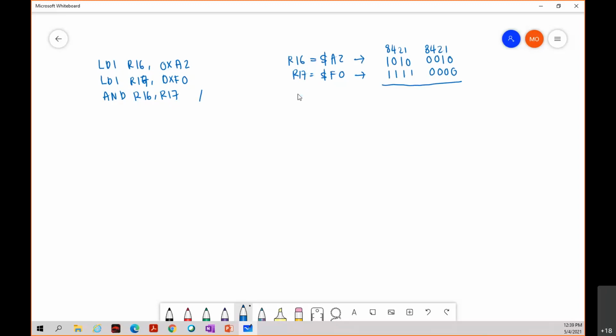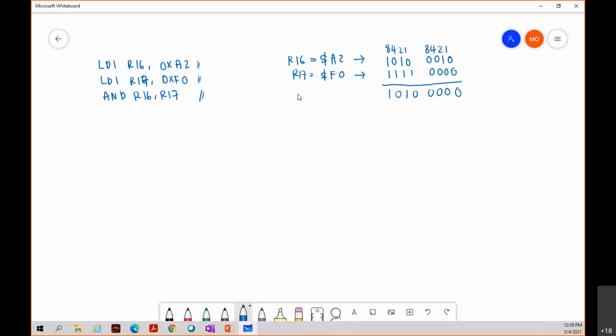So what happened here? We check bit by bit and do the logical AND operation. 0 AND with 0, you will get 0. 1 0, you get 0. 0 0 is 0. 0 0 0. 1 0 is 0. 1 1, you get 1. 1 0 is 0. 1 0, you get 1.